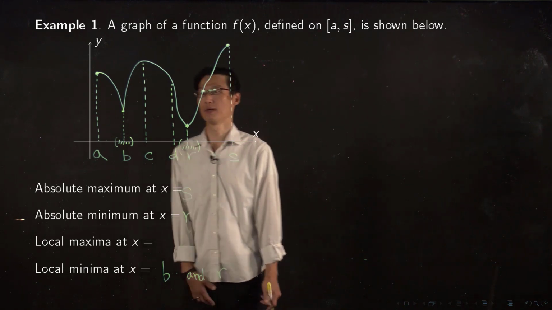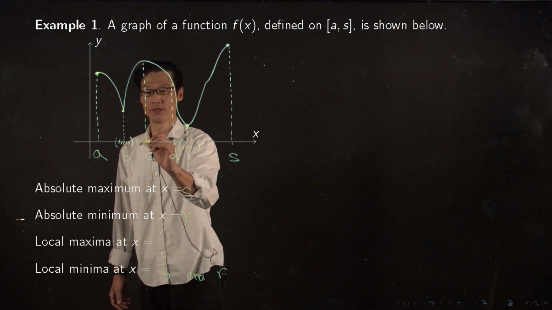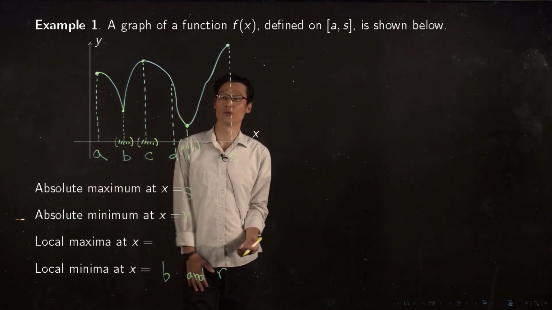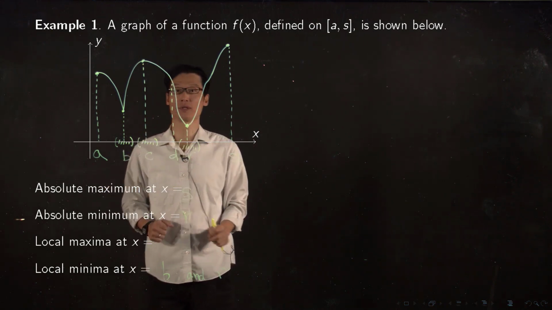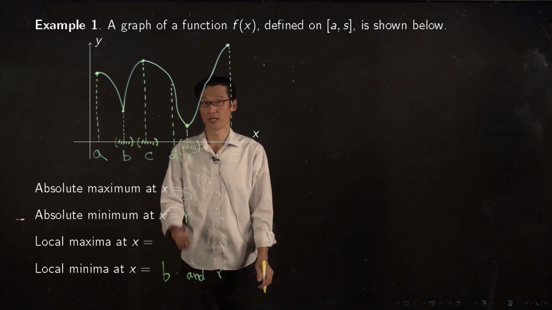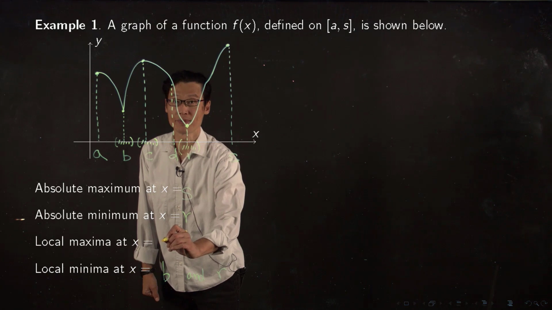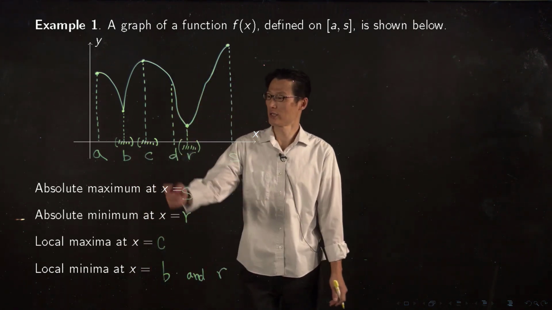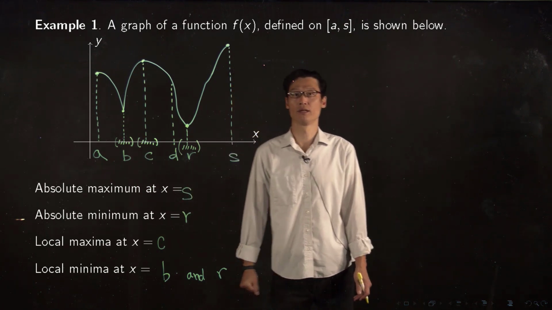For local maximum, you can think of this interval, and this value is the largest value on this interval containing c. So in that sense, local maximum is at c. What about a and s?